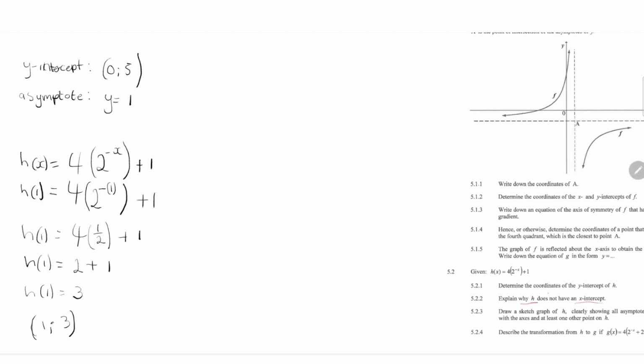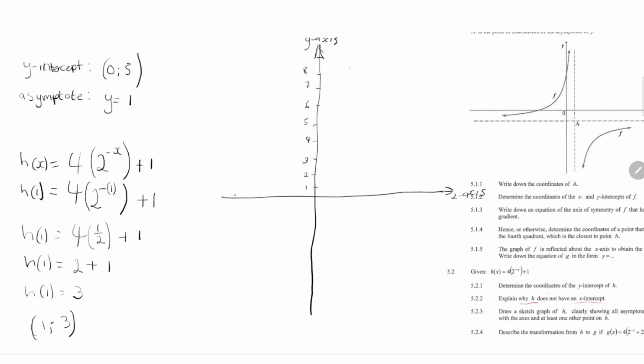Right, so now we have the information that we need. Let us try and sketch this graph. Let us draw our axis, y-axis, x-axis. So here we'll have 1, 2, 3, 4, 5, 6, 7, 8.